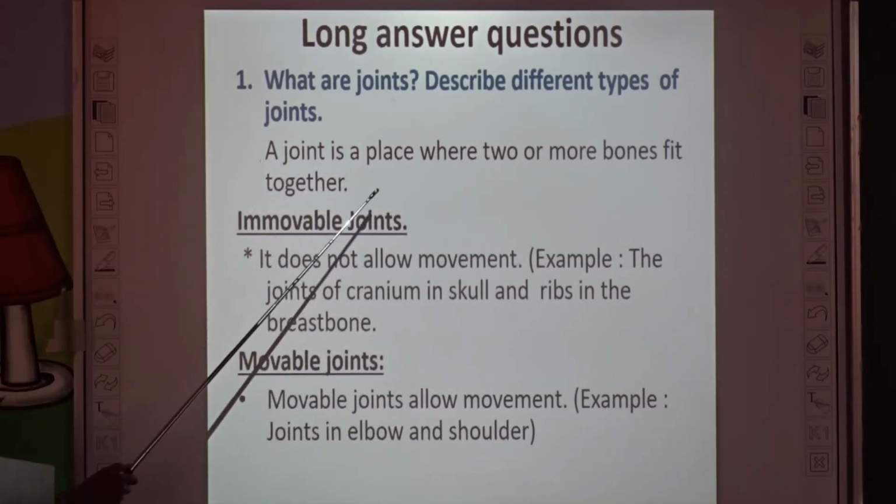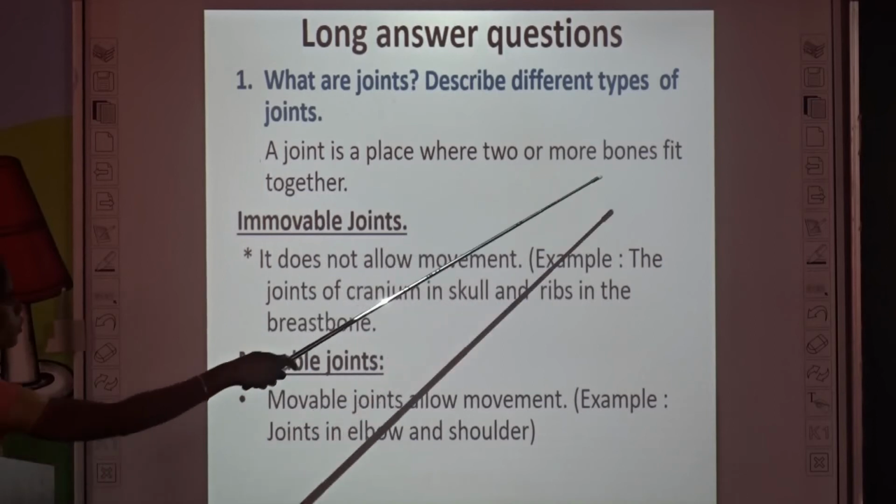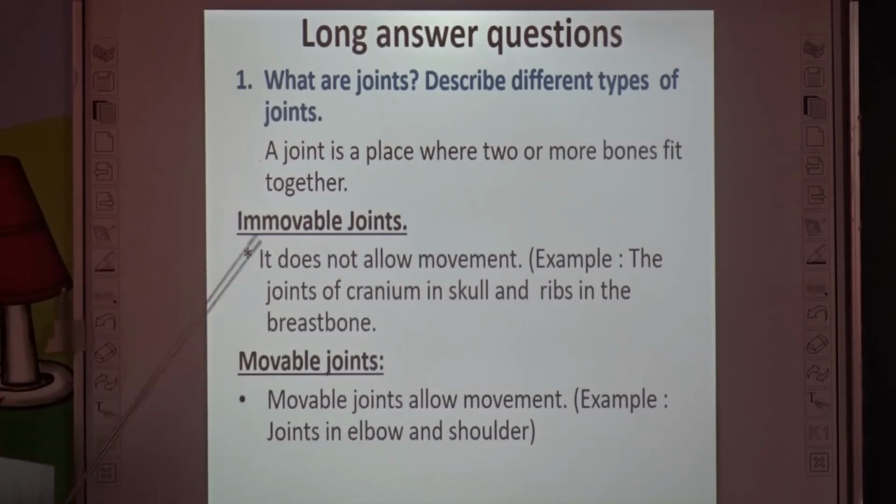A joint is the place where two or more bones fit together. What are the types of joints? There are two types of joints: immovable joints and movable joints. First, immovable joint. Immovable means it does not allow movement.